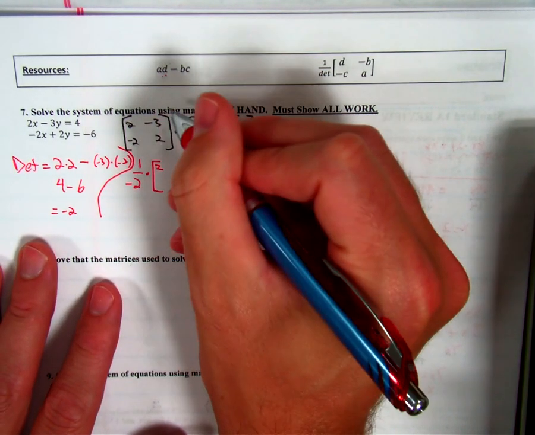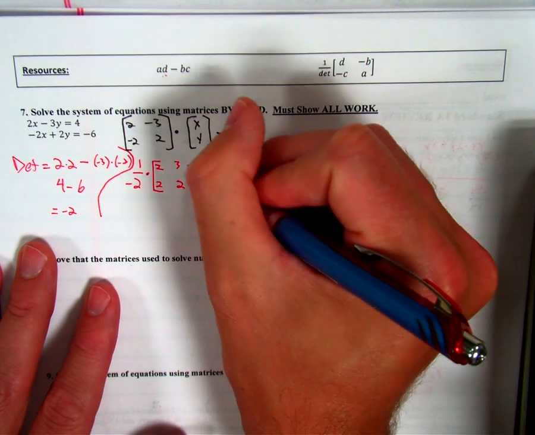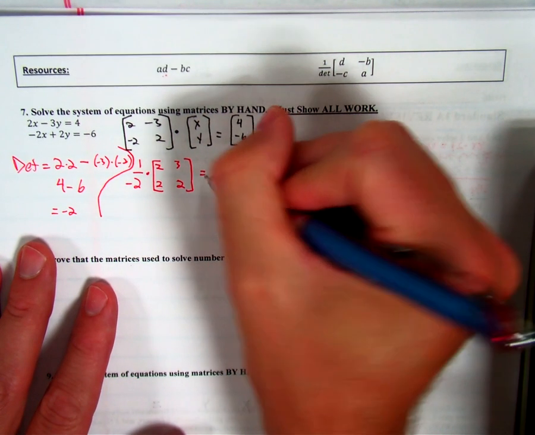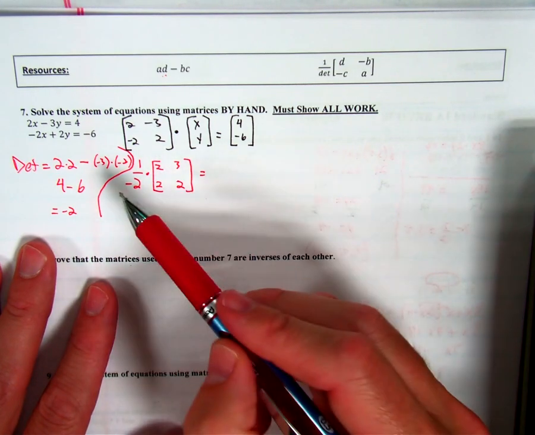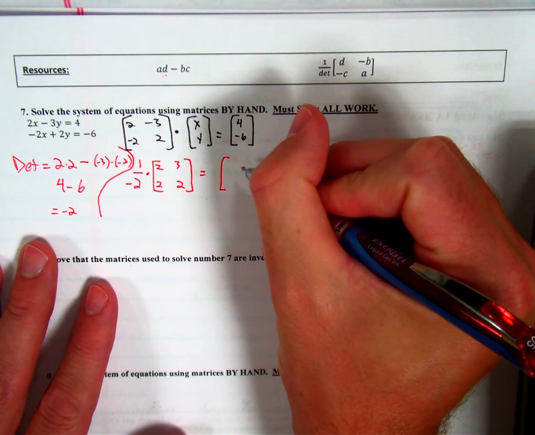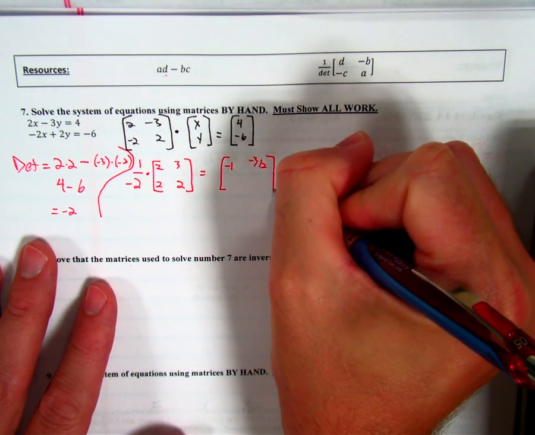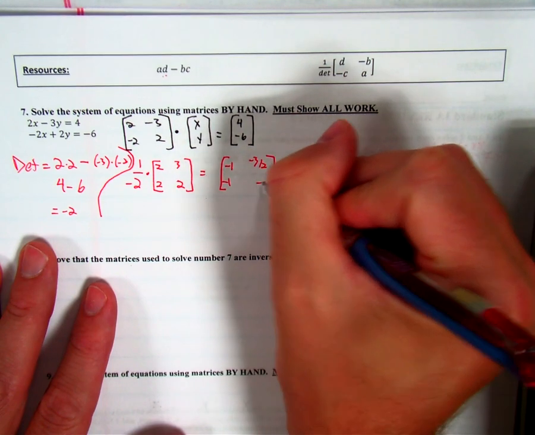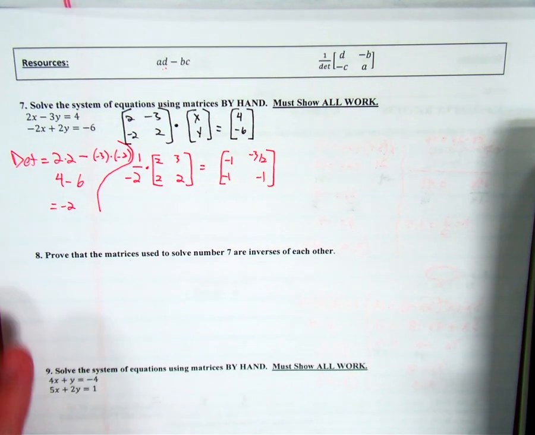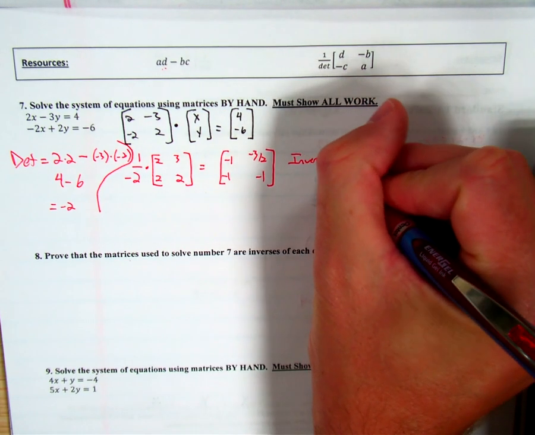And these two changed their signs. So negative 3 is now positive 3, and negative 2 is now positive 2. I'm going to multiply that negative half in there. And I'll have negative 1, negative 3 halves, negative 1, negative 1. That's the inverse. That's our inverse matrix.